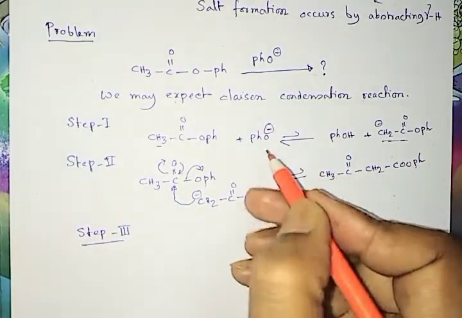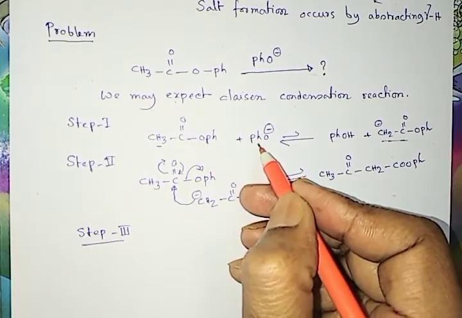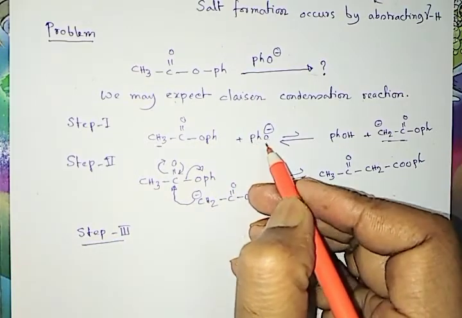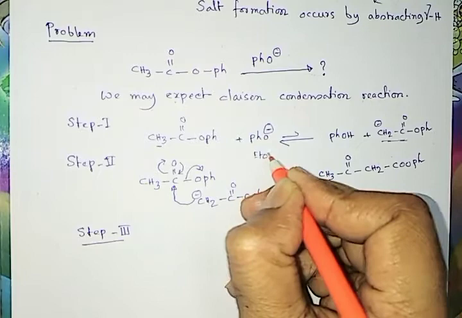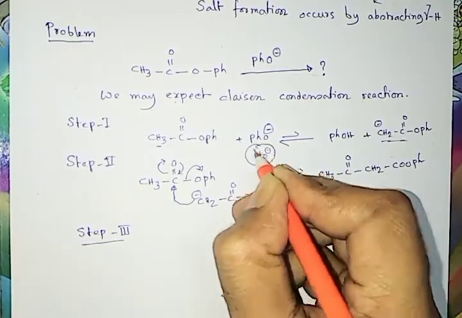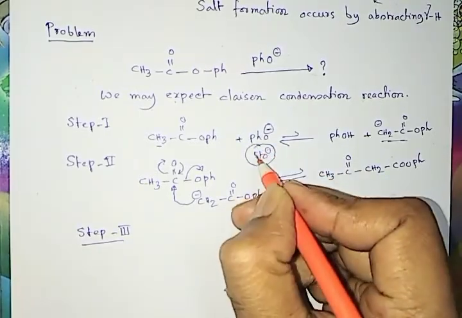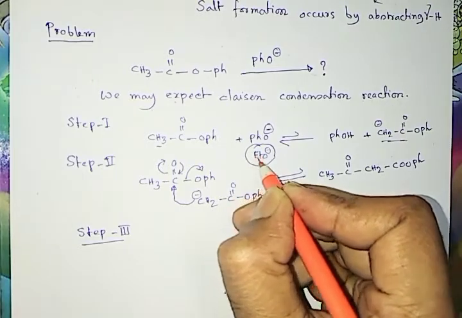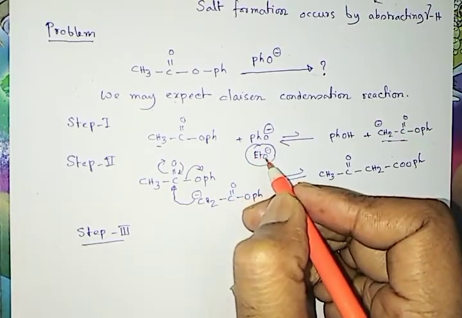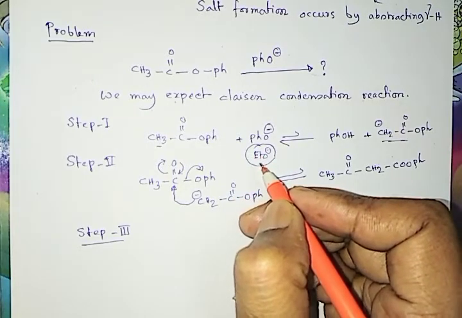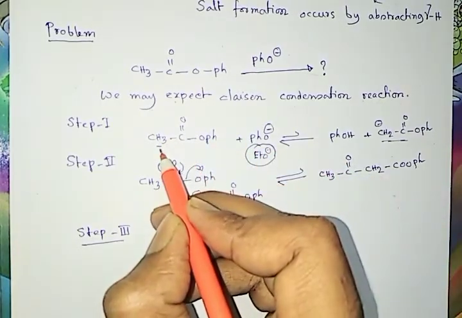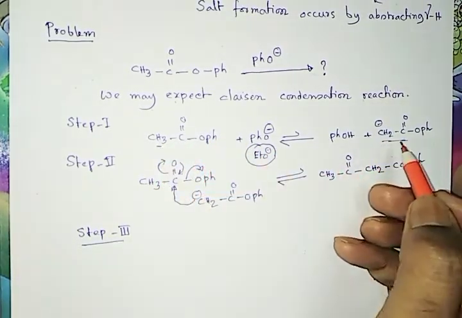See, ethoxide is a much stronger base than phenoxide. Ethoxide, EtO minus. In the first example we observed that even though ethoxide is a stronger base, it could not drive the reaction towards the right side.